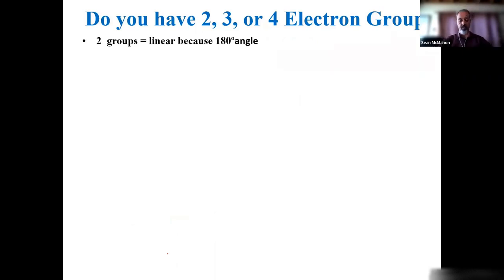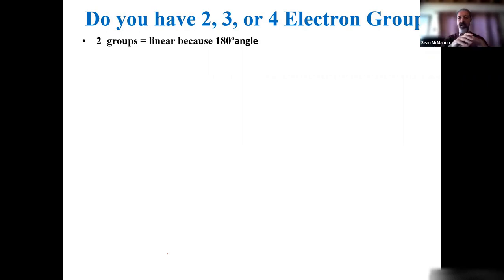So in this course, we are going to focus on when there are 2, 3, or 4 groups. We can actually go beyond that. In other courses, we discuss the expansion of the octet, because the D sublevel can actually add up to 10 more electrons.